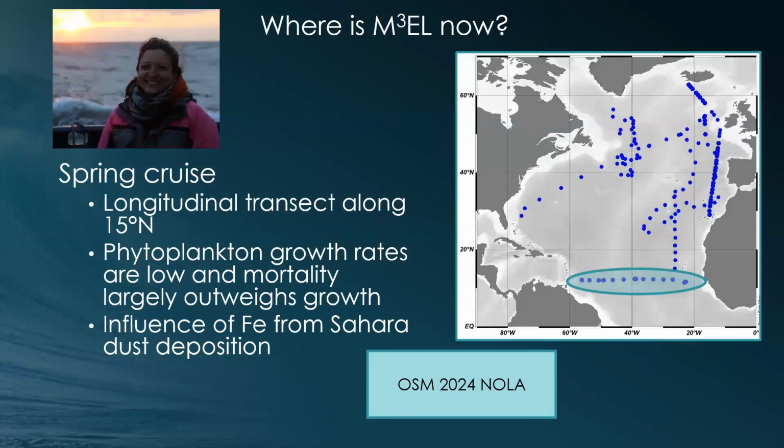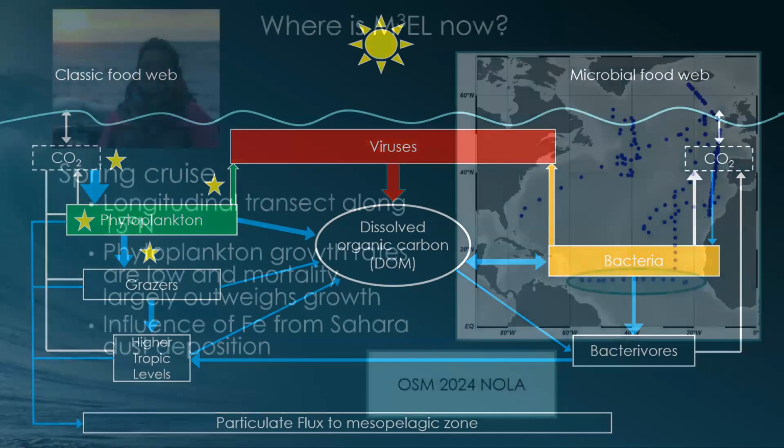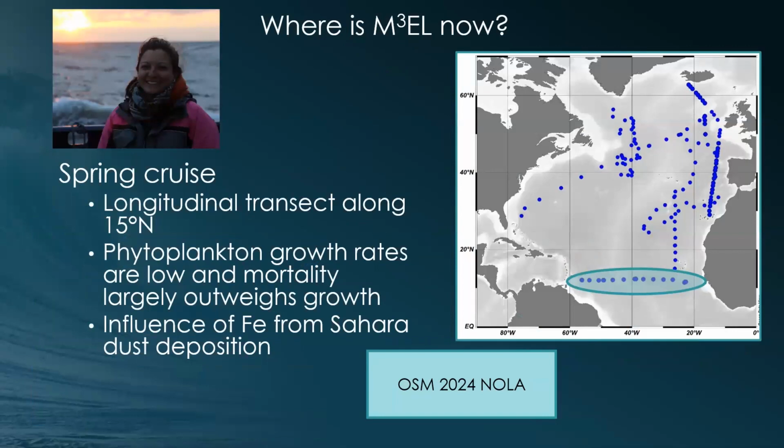And there's also an extra confounding factor, which is that this area is highly influenced by iron deposition from the Sahara dust. And that was actually one of the main aims of this cruise. So we do have dissolved iron and dust data on that. So if you're interested in that, I'll be at OSM and presenting a poster on that.